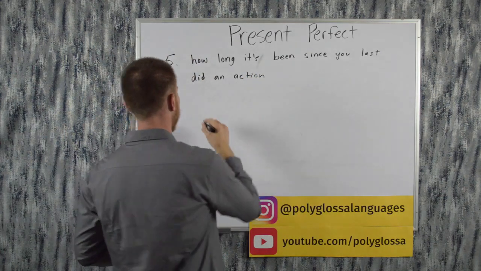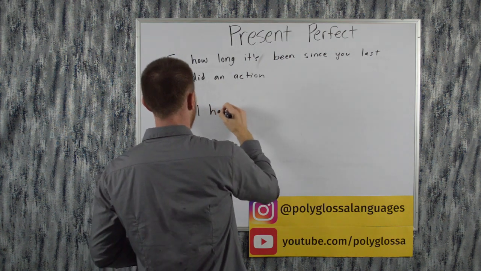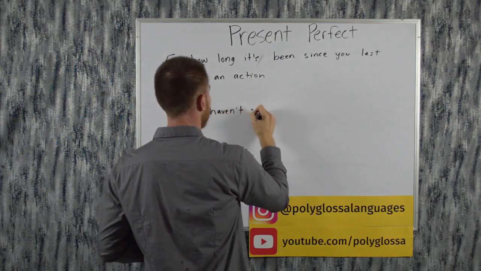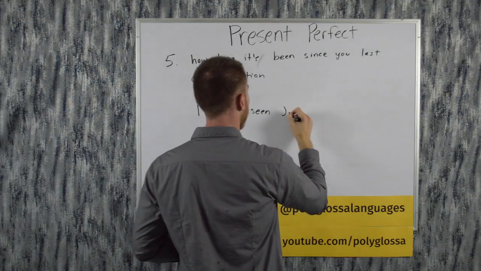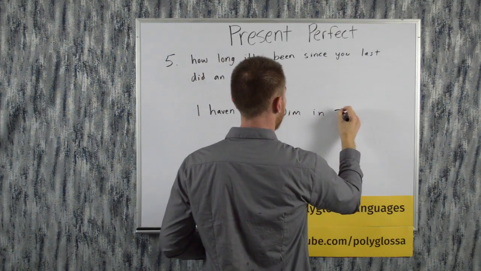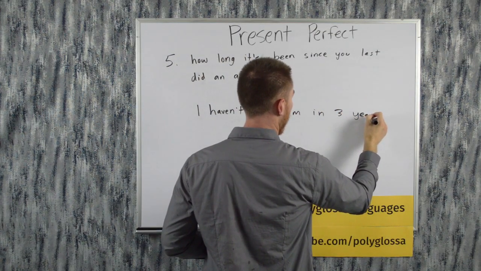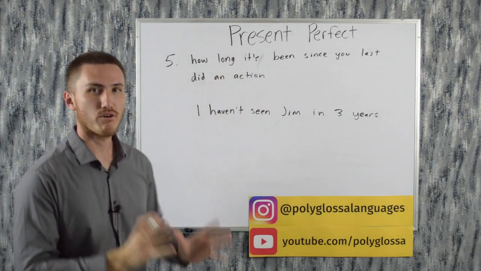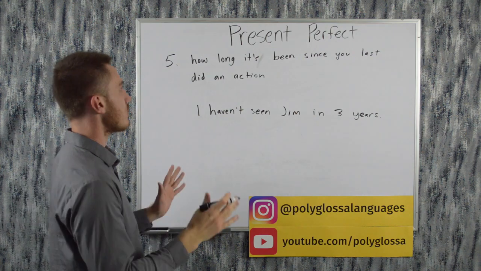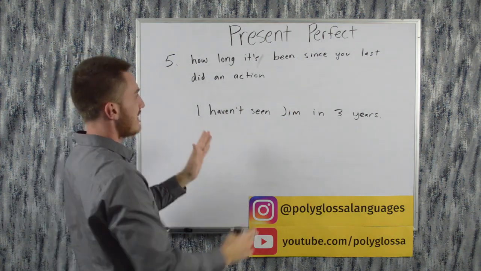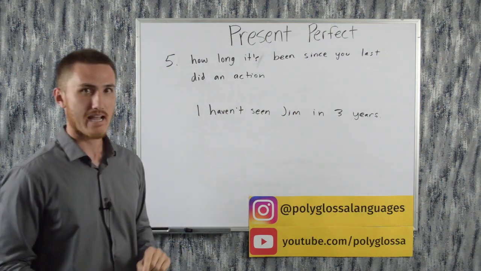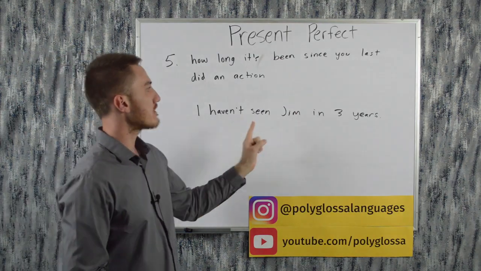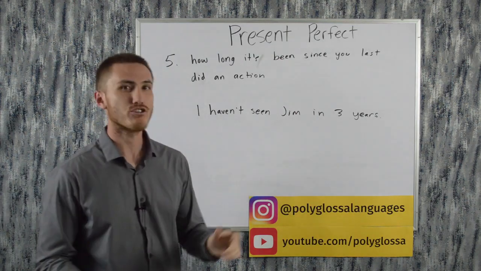Let's pretend I say, I haven't seen Jim in 3 years. Okay? So, here I use the present perfect because I'm telling you how long it's been since I last did this action. The last time I saw Jim was 3 years ago.